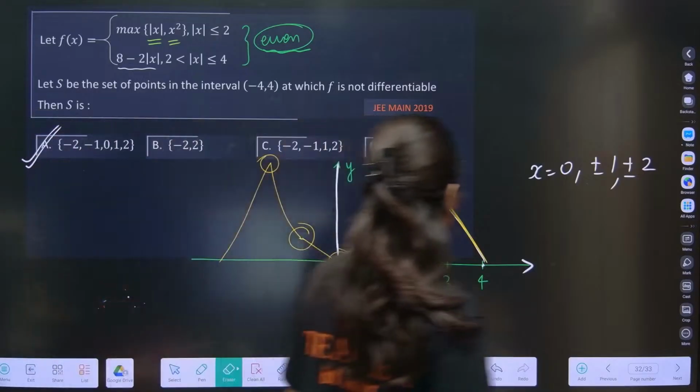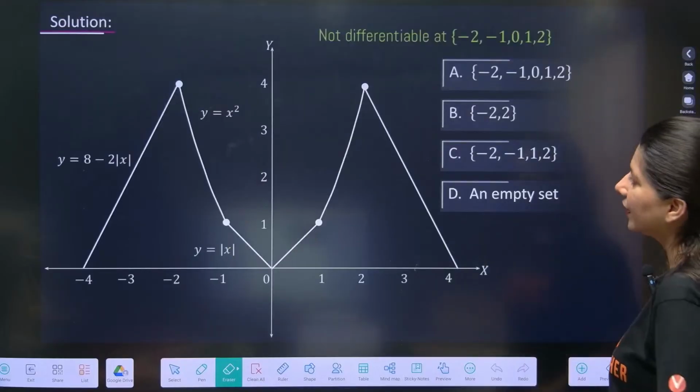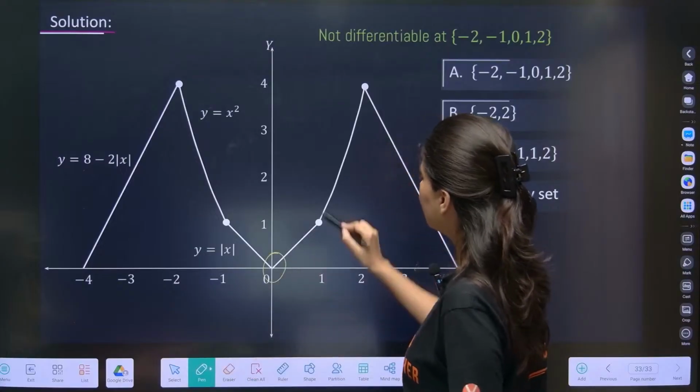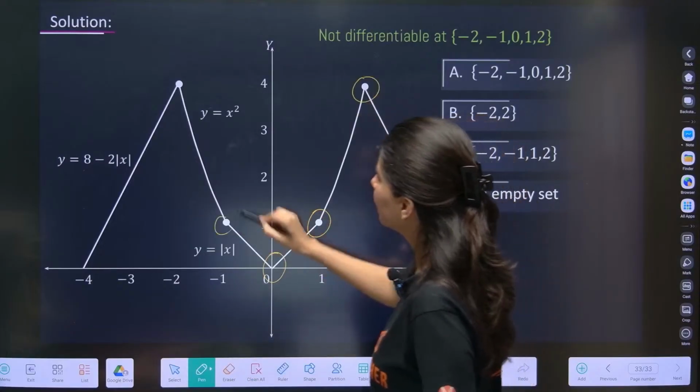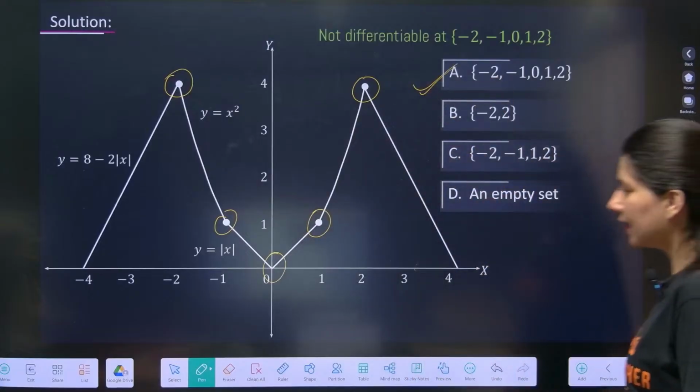Okay. Option A is correct. See, this is how the graph will look like. You can see. Okay. 1, 2, 3, 4, 5. Option A. Yes.